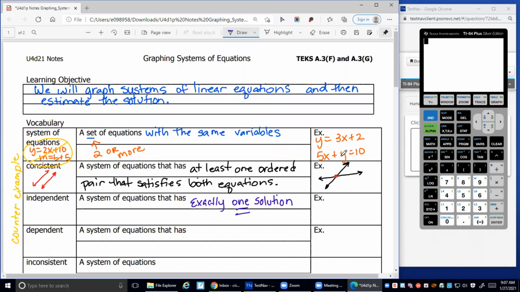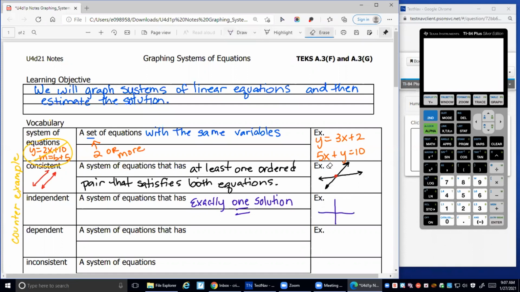So right here, go ahead and share with me. How many solutions did we have in this right here? Now remember, solutions are where the lines touch. So how many times do they touch? Good. Okay. Anyone else? Good. All right. So this example here touches exactly one time. So not only, I guess, would this be consistent, but it is also independent.